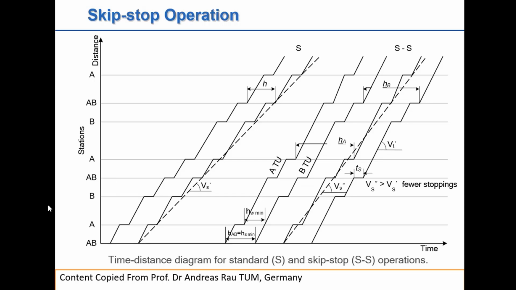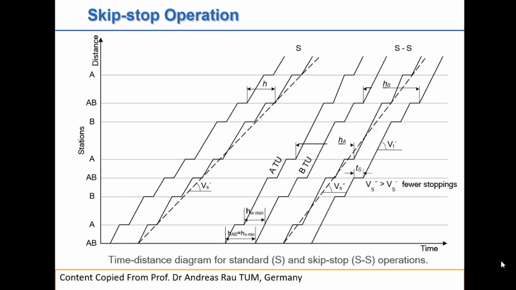As you can see here, if we have two different lines and we divide those stations with respect to time, it will reduce the time to reach any particular station. Skip stop can be obtained when we classify those different locations, such as here we have 3 different lines: A line, B line, and then AB lines.